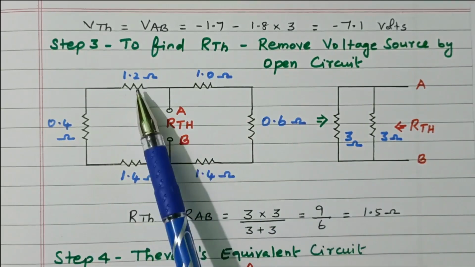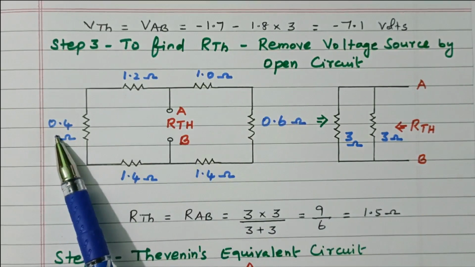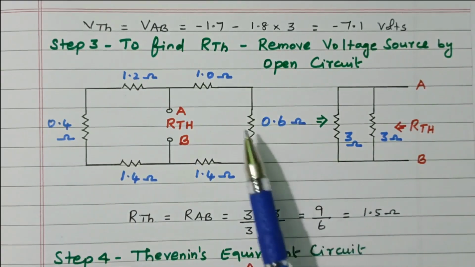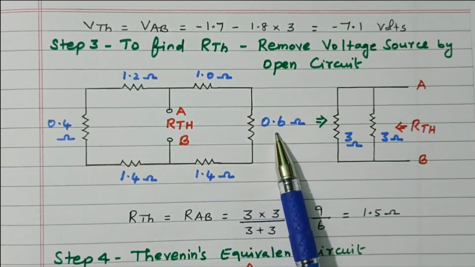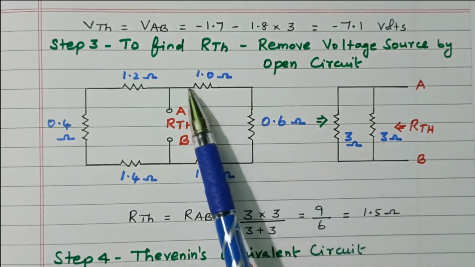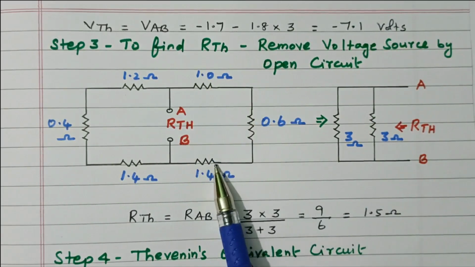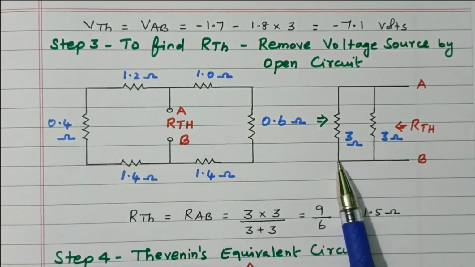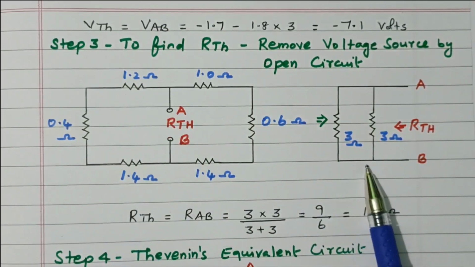So that is given here. 1.2 plus 0.4, 1.6 plus 1.4, 3 ohm. 1 ohm plus 0.6, 1.6 plus 1.4 is another 3 ohm, right? So this branch is connected in series 3 ohm. This branch is connected in series 3 ohm. Both are in parallel, right?